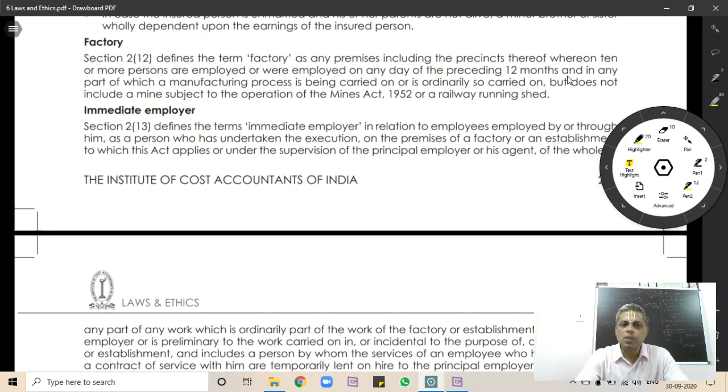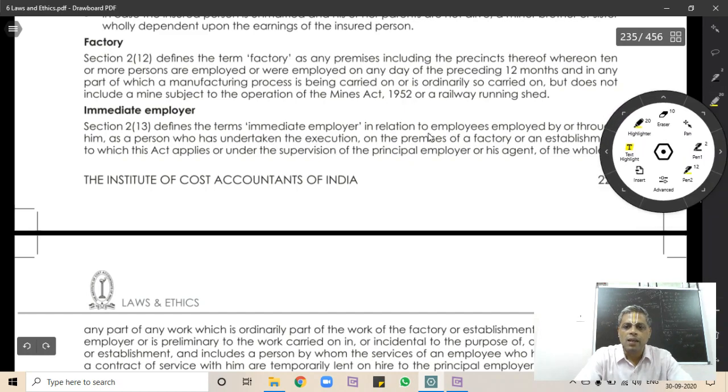Section 2 subsection 13 defines the term immediate employer. In relation to employees, you have to understand these words: employees employed by or through him. It means that it might be direct employment, or through that person, the person can be deployed in any place.